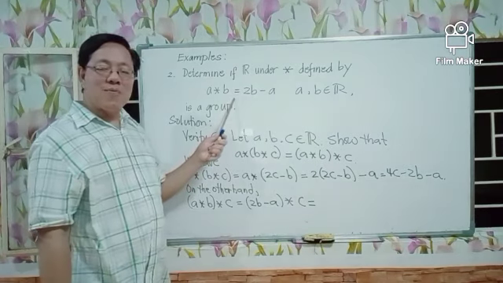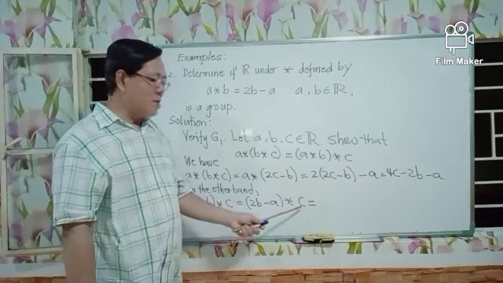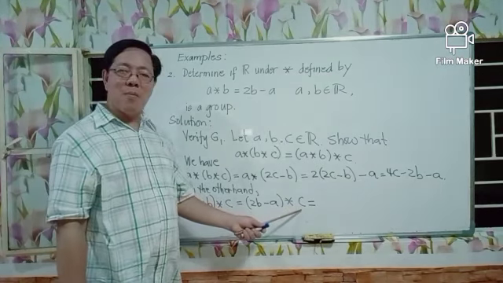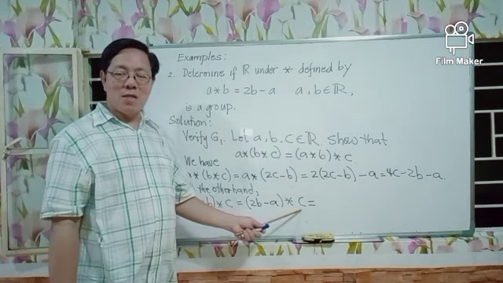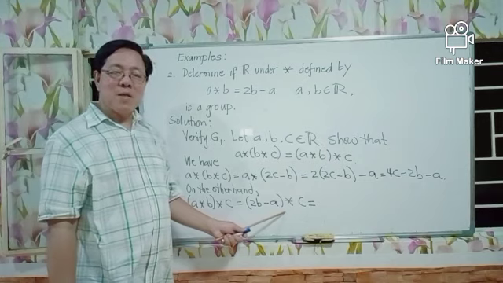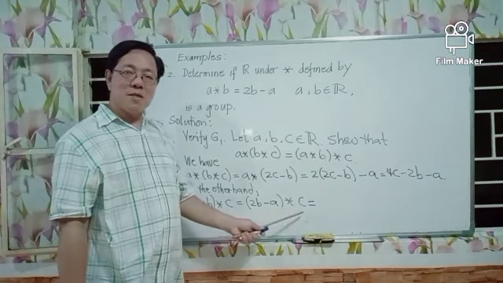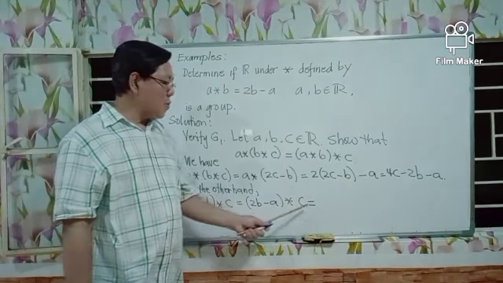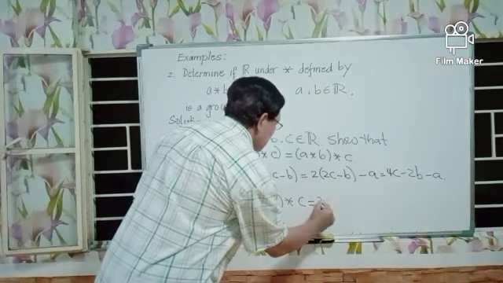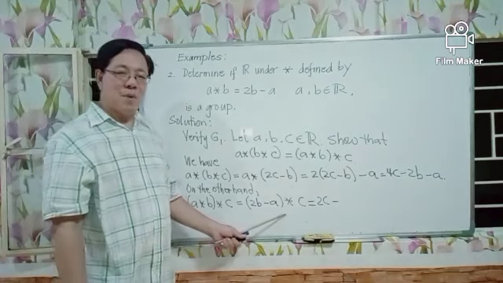And by this formula, (2b minus a) star c is equal to 2 times the second real number c, so that's 2c, minus the first real number.